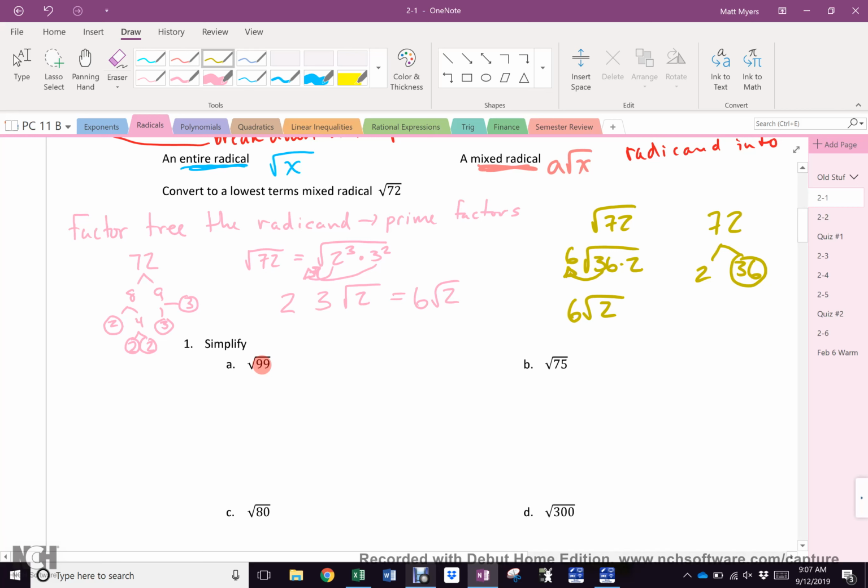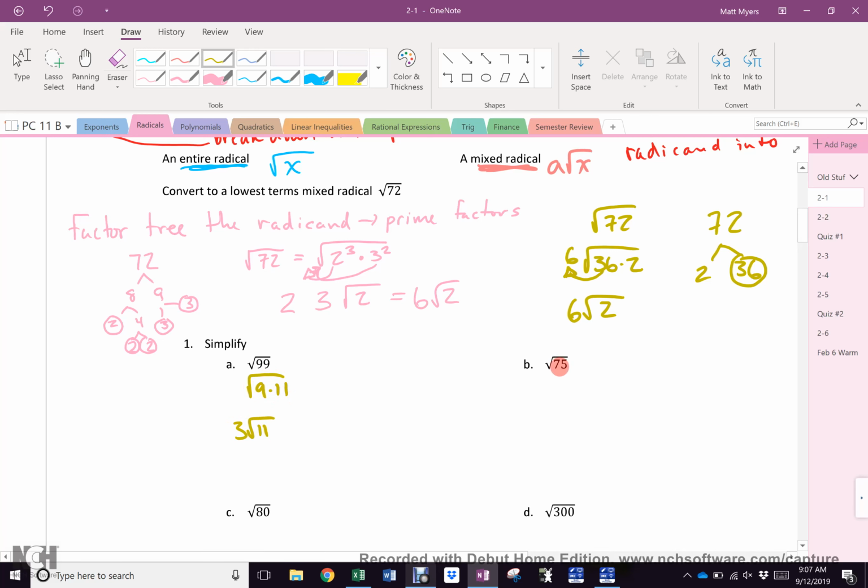So, here we go. What is a perfect square that's involved with 99? Because I would like to avoid the grade 5 factor trees. What is that? 9 times 11. What's the square root of 9? 3 root 11. Done. Literally 2 seconds.